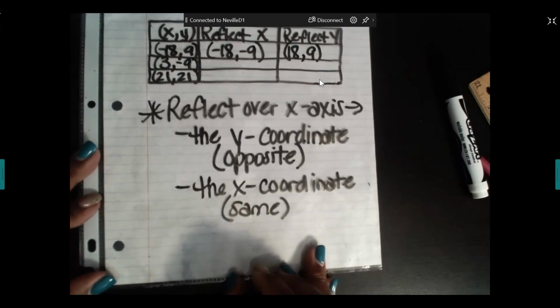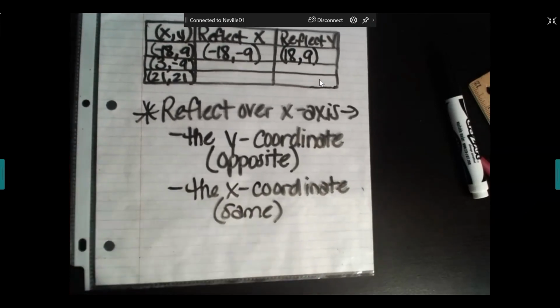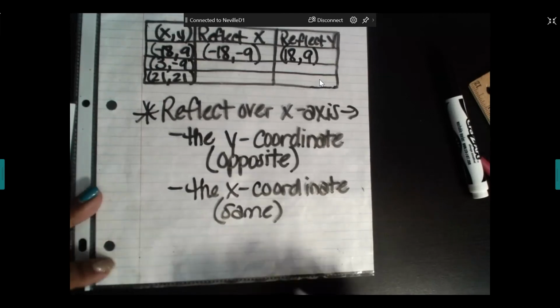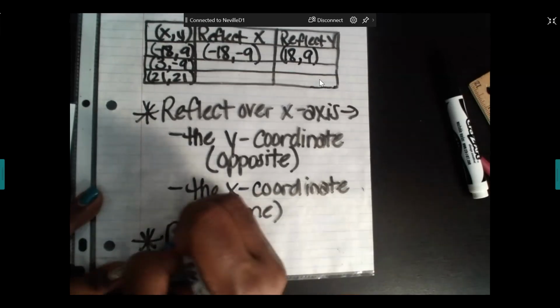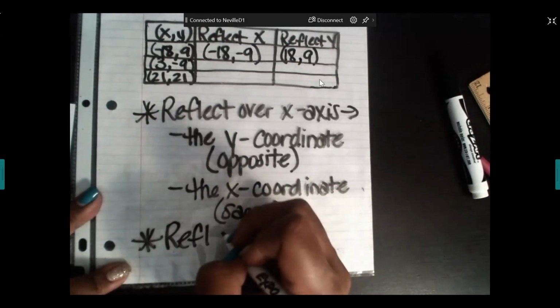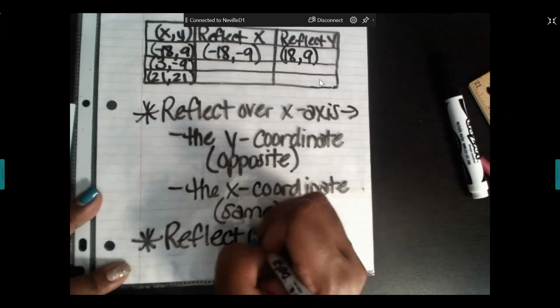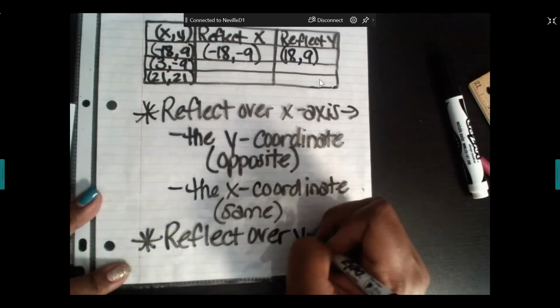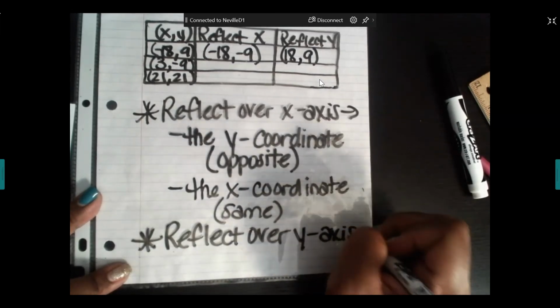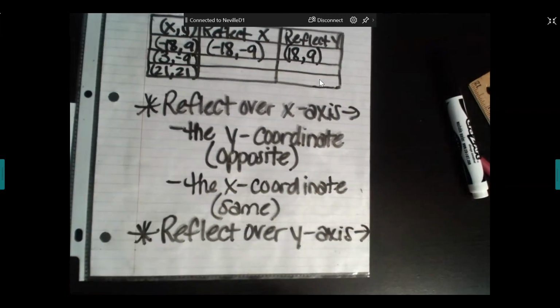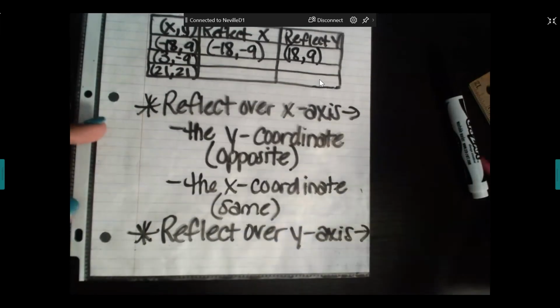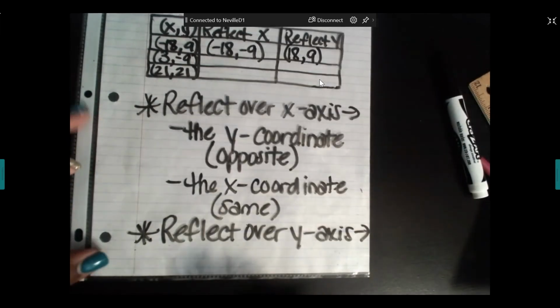So the opposite is true when I reflect over my y-axis. What does our chart show us? When we reflect over our y-axis, what changes? The x-coordinate changes, and what stays the same?